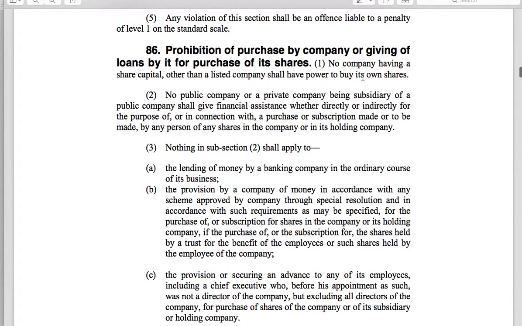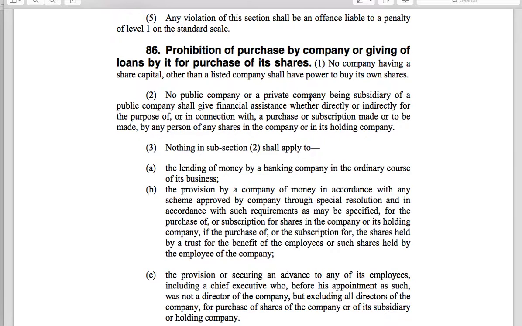So treasury shares are only possible if you are a listed company. You can buy back your shares, but if you read this section in detail, you have to cancel those shares if you are a listed company. If you are a private company or a public limited company, you can't buy back your shares once they have been issued.